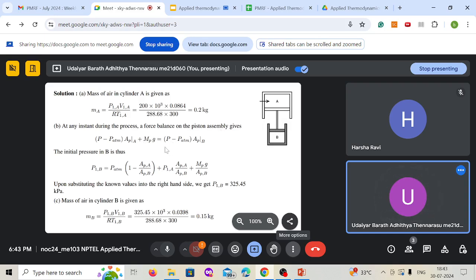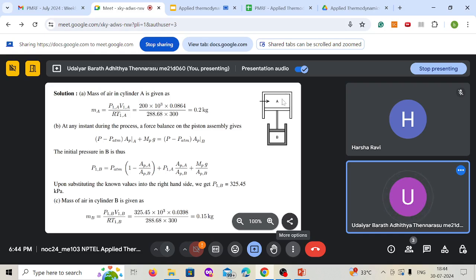This should be equal to the piston B force, which is the pressure of B exerted upwards and the atmospheric pressure exerting downwards, so P minus P atmosphere into area of piston. So this is the force balance of the piston.